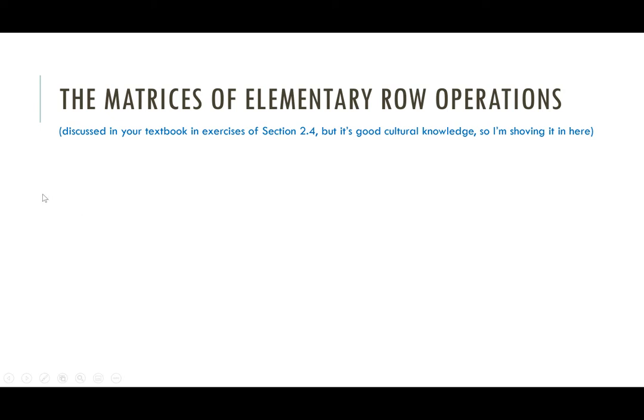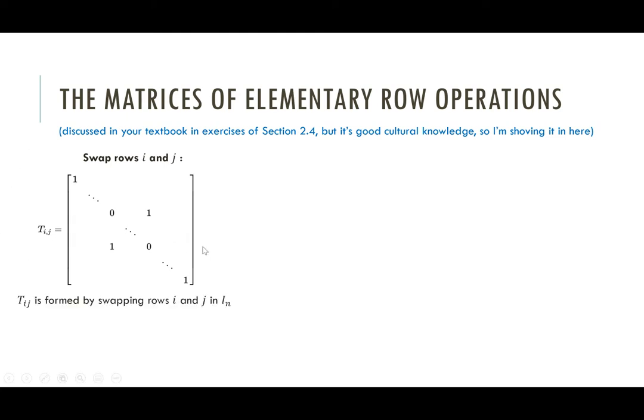Okay, so let's think about swapping rows I and J. What matrix could you multiply by the matrix A to swap the rows? I claim it's this matrix here that I copied and pasted from Wikipedia. But I think it's right. I checked. This matrix is what you get when you take the identity matrix and swap rows I and J in the identity matrix.